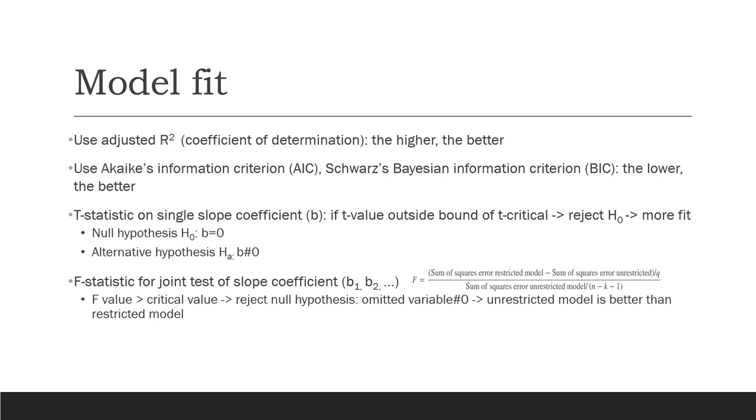For example, one model uses 3 different independent variables, but the other model uses 5 different independent variables, and you want to know which one is a better fit. So you use the F statistic to test if the slope coefficients of the omitted variables are significantly different from 0. If they are, it means the 5 independent variables model explains the data better than the 3 independent variables model. And the last one is log likelihood, and the higher the better.